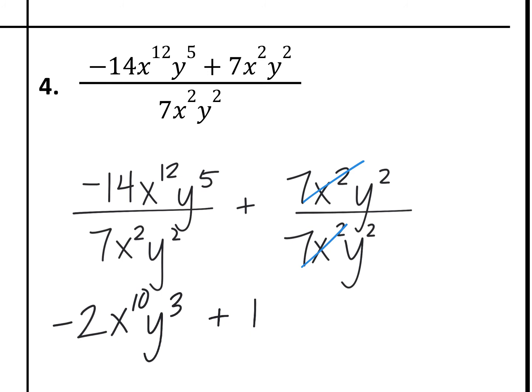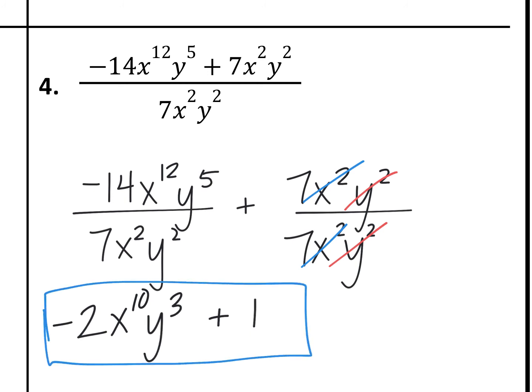They cancel out. Same with y squared over y squared. Because you have the same thing. 7 divided by 7, I'm not going to cross those out. When I'm crossing them out, they're all equal to 1. That's why I'm crossing them out. We already have 1. So this is done. So it's going to be negative 2 x to the 10th y to the third, plus 1.